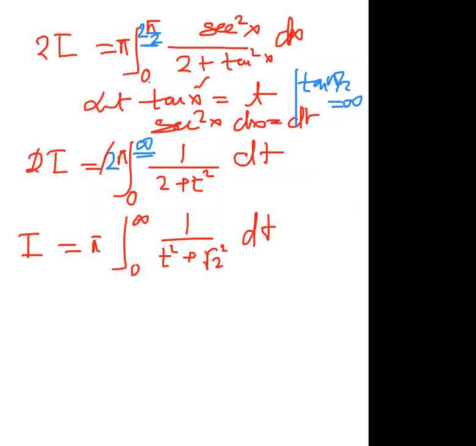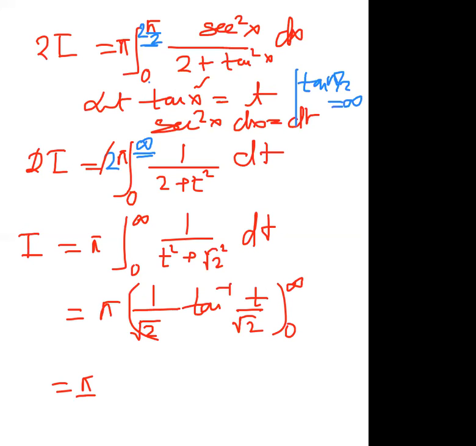So it will be pi times 1 upon a, tan inverse x upon a. Now the limit we need to apply is 0 to infinity: pi by root 2 times tan inverse infinity minus tan inverse 0.